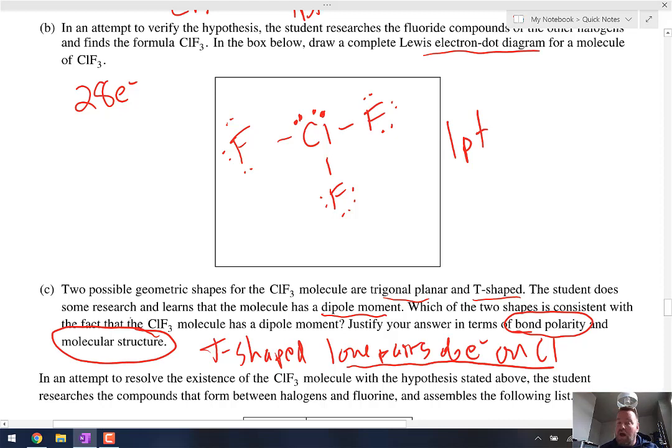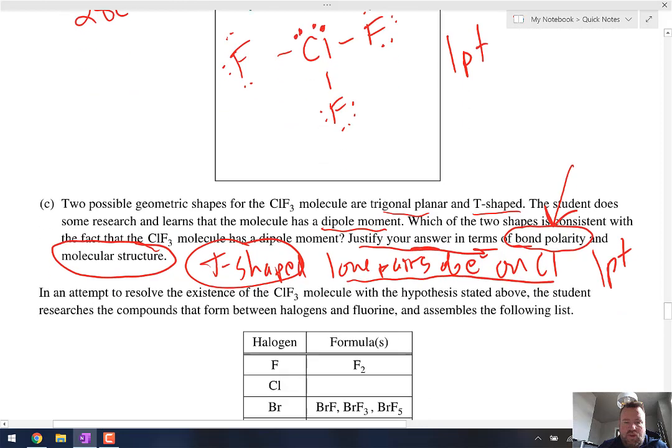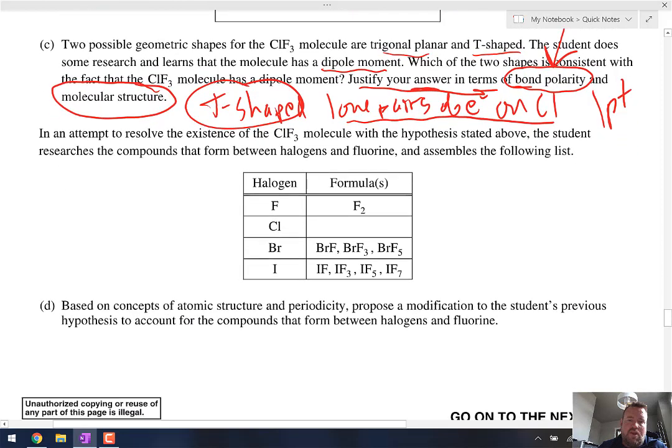And then I say the bond dipoles don't cancel. And that also, again, I'm talking about the bond polarity there. Notice that when they say justify your answer in terms of these things, make sure you talk about those things in your answer. Okay? And that also is simply a 1 point response for saying T-shaped and for having the correct explanation. Okay, and then the last one here, this is a tricky one.